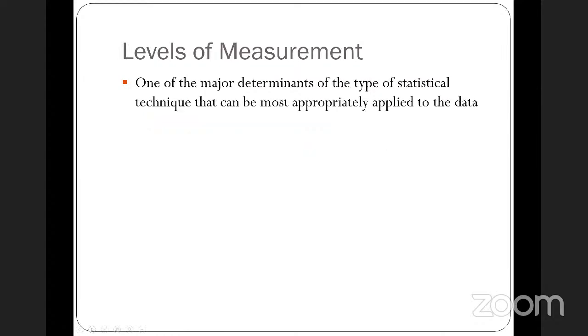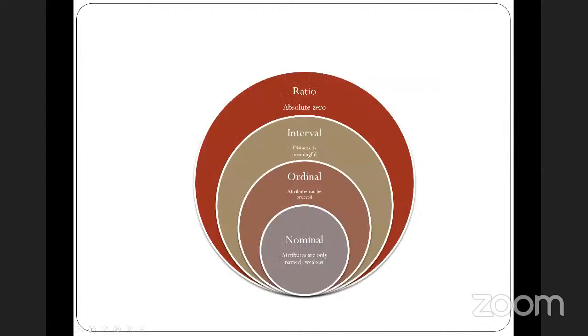And you have to determine what type of statistical technique can be most appropriately applied to the data. So this would be the ranking. Lowest would be nominal, then ordinal, then interval, then ratio.